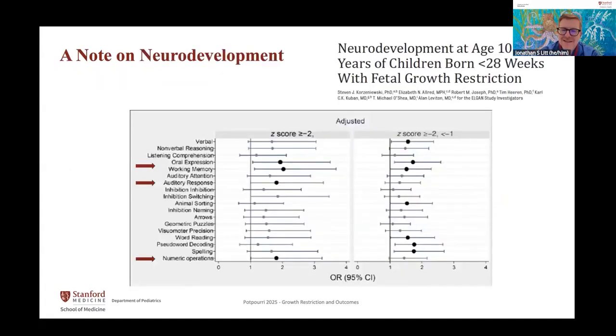And here is another meta-analysis thinking about age 10 outcomes. And these are infants who are born young, so they're born under 28 weeks, but also had fetal growth restriction. And what the authors found in this meta-analysis and summary of evidence is that there is a signal, and these are adjusted Z-score changes in various aspects of executive function.